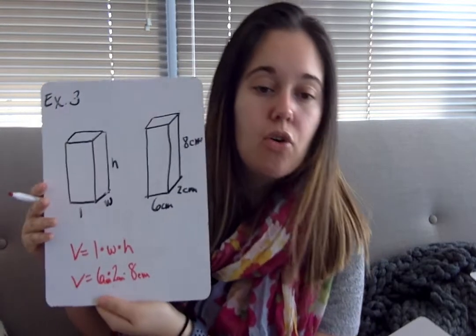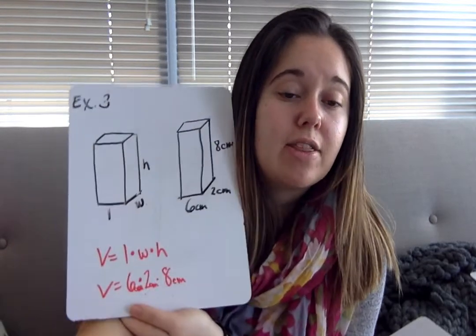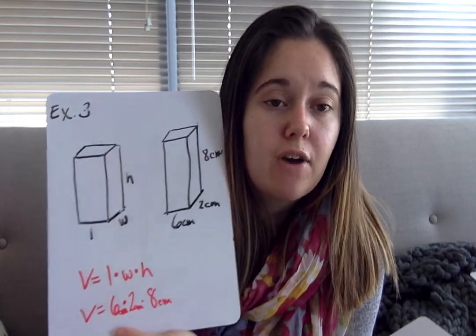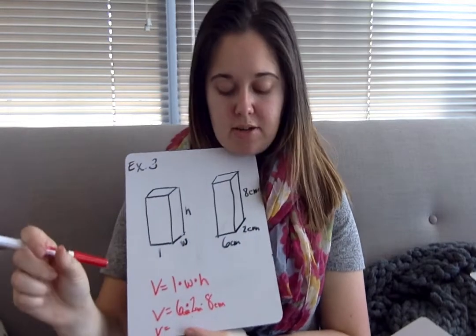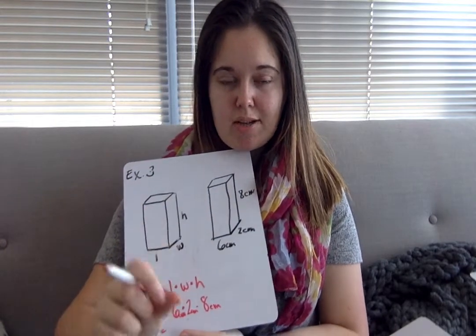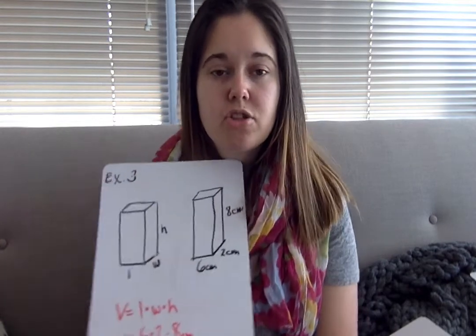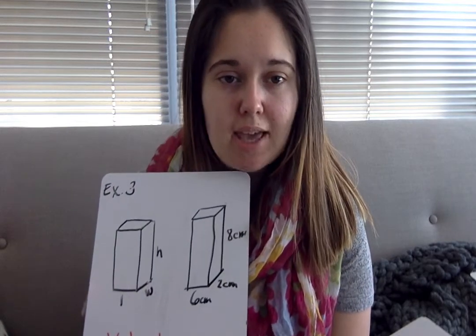So I should have labeled these all centimeters, because when we figure out the multiplication here to find the volume, we're doing 6 centimeters times 2 centimeters times 8 centimeters.